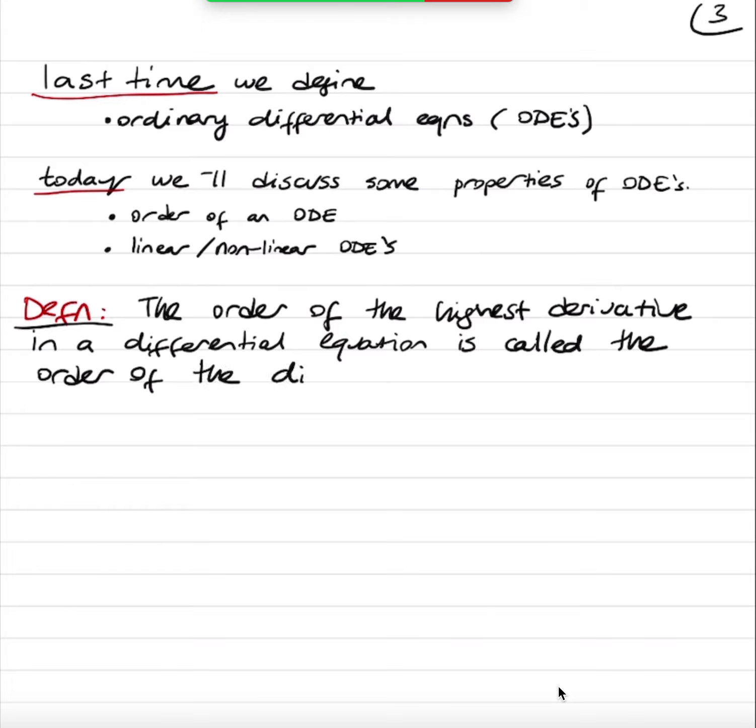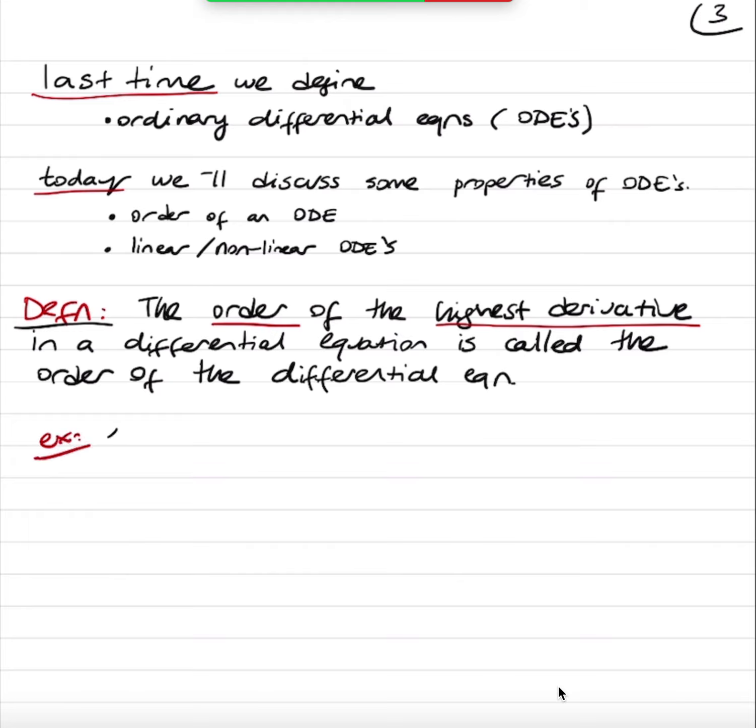Don't worry, I will give examples so it will be clear. So the order of the highest derivative is the order of the differential equation. Let me give an example.